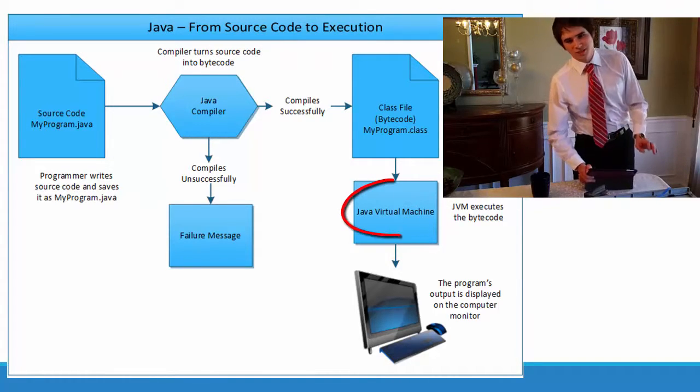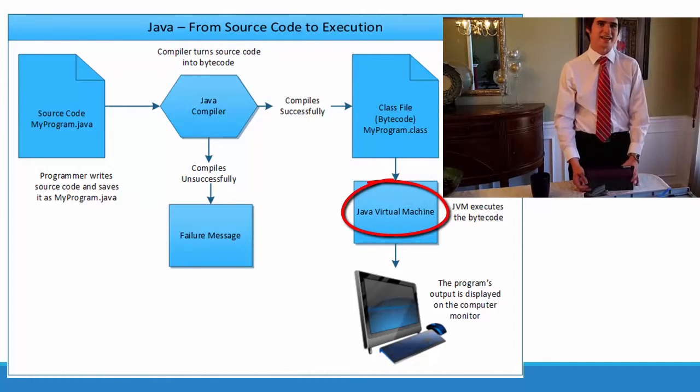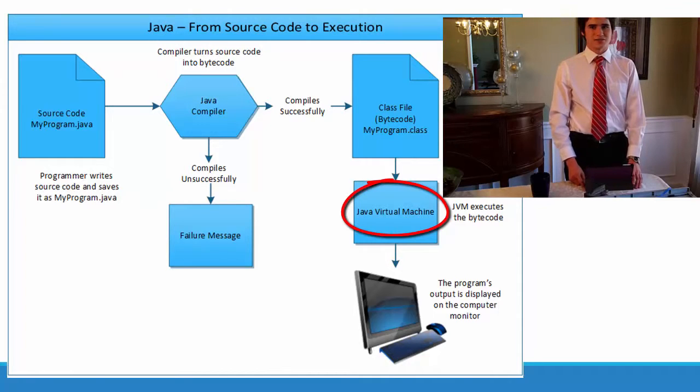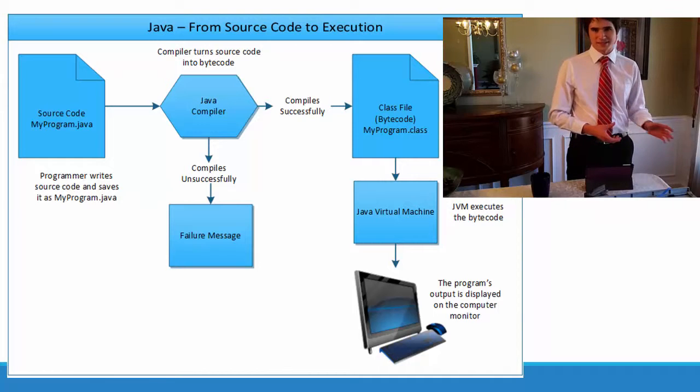And the Java Virtual Machine is a piece of software which runs on any device that can use Java. So for example, you would have a Java Virtual Machine for Mac, a Java Virtual Machine for Windows, a Java Virtual Machine for Linux. And then with that, once it's in bytecode, the Java Virtual Machine actually takes that bytecode and then runs it for the specific operating system.